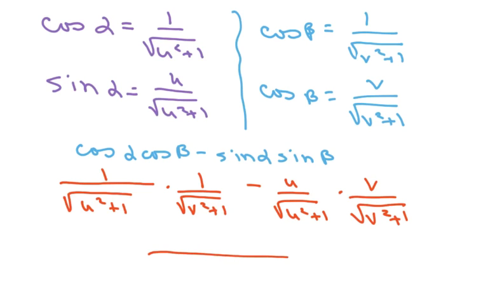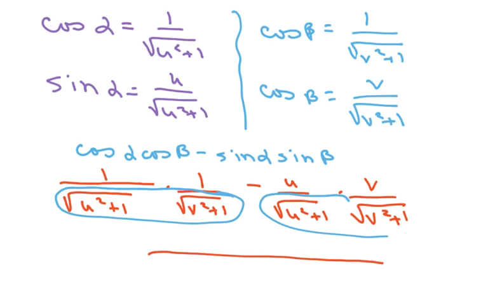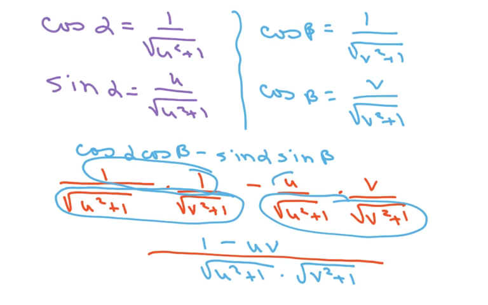So my common denominator is these two put together, because they both have them here. So I'm going to put square root of u squared plus 1 times square root of v squared plus 1. And then I just put the top together. So 1 times 1 is just 1 minus uv. I just multiplied those two and those two.